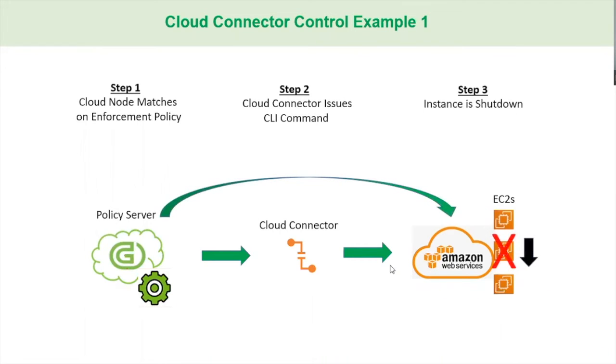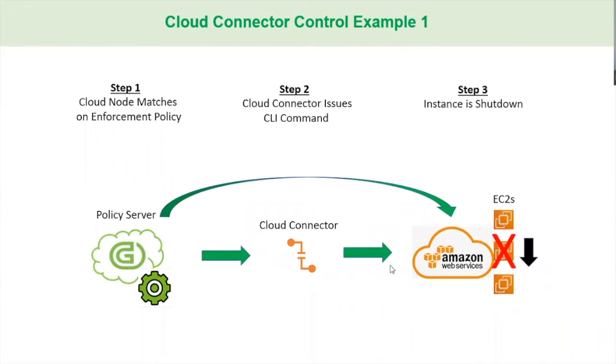So for this example, we have AWS EC2s that we have previously detected through the cloud connector. Once we've detected them, we're going to match them through your enforcement policy. So now your enforcement policy is in your NAC system, not inside of your cloud service provider. So you don't have to be an AWS expert.